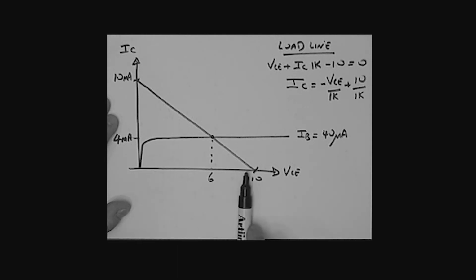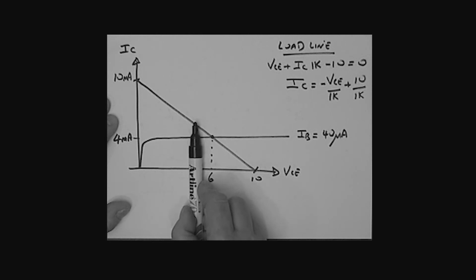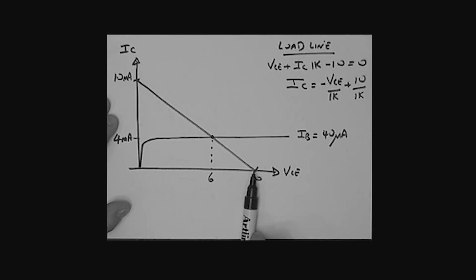So I've got a peak-to-peak value of 8 volts. If I'd established the operating point such that VCE was 5 volts, then I could have gone up by 5 and down by 5, a maximum of approximately 10 volts peak to peak. So it's not quite in the middle, but close to the middle.